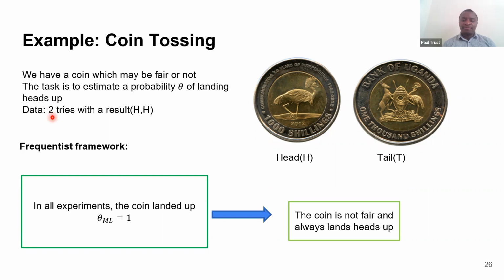So the frequentist person will say the coin is not fair and always lands heads up. Can you imagine? The coin in 2 trials came out as 2 heads, and this is more likely even in 10 times. So from the frequentist point of view, he would conclude in all experiments, the coin landed up 1, and the coin is not fair.